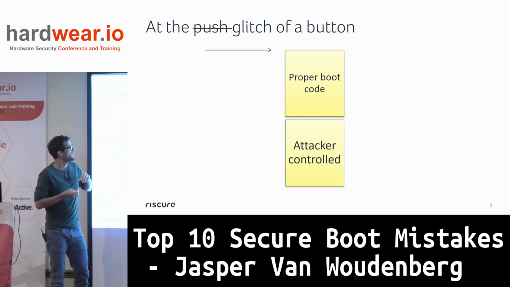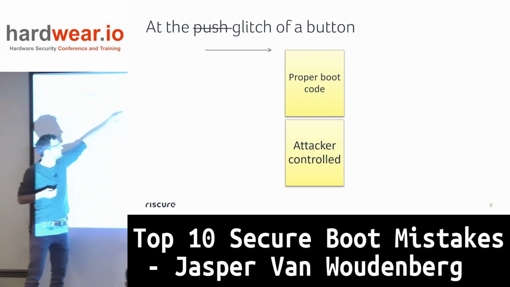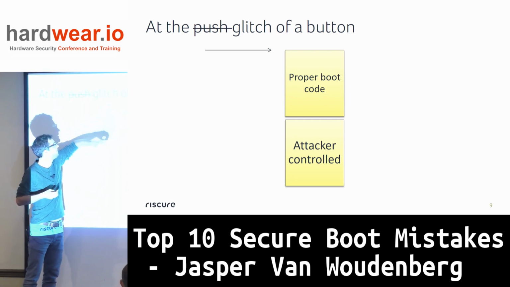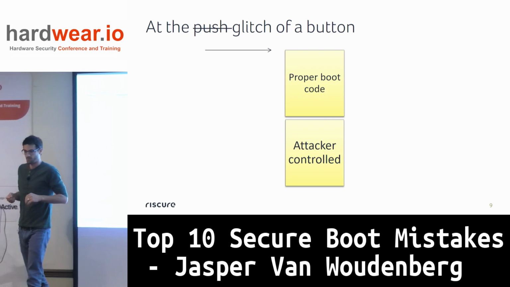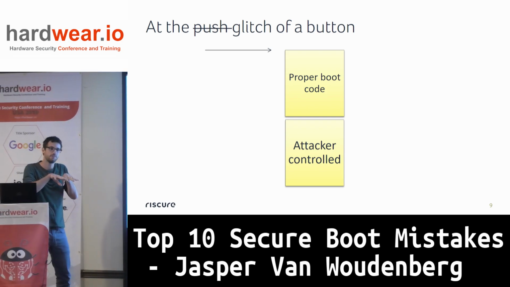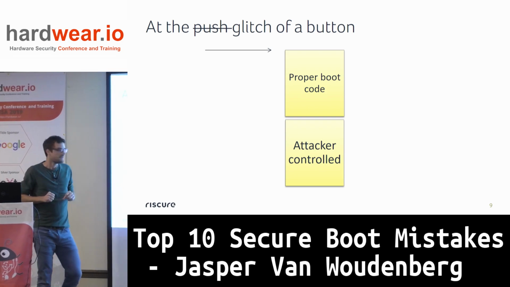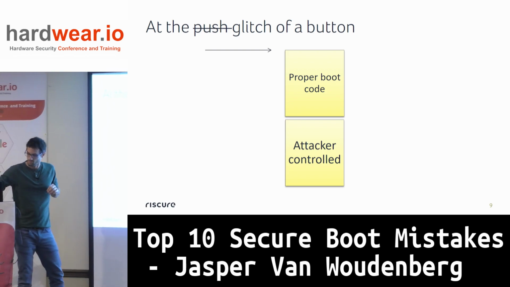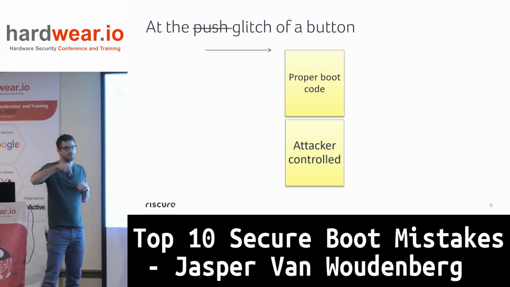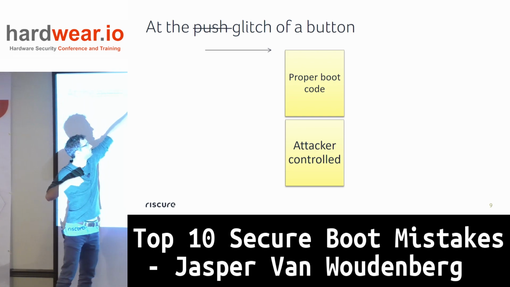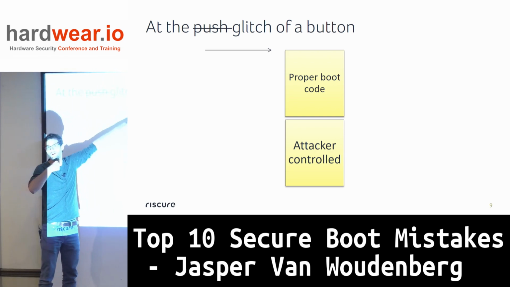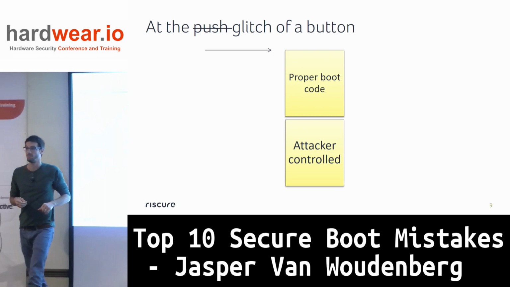While it's running this code, we are controlling all the address lines, specifically the address line which tells whether you should look in the upper or the lower page. That's just one bit somewhere.